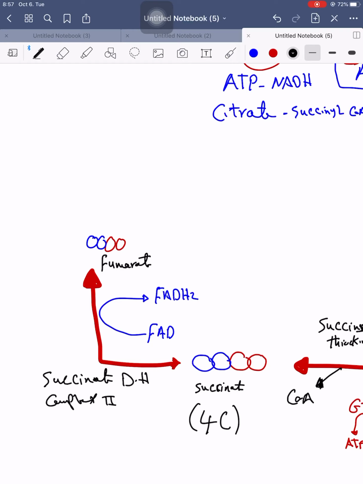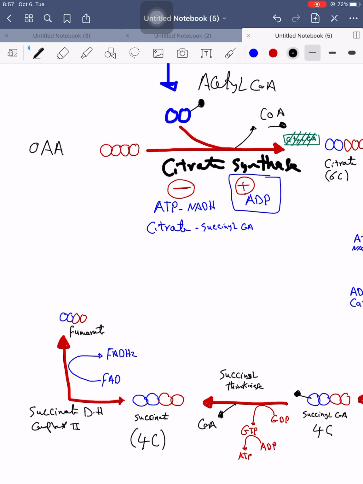So we have fumarate now. Then after you have fumarate, you can make something called hydration. What does hydration mean? Hydration for fumarate means we add water, so here we insert one water.